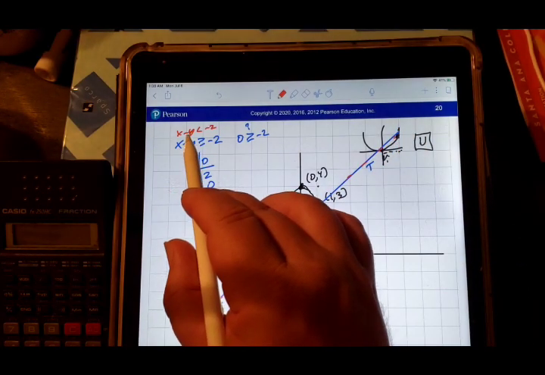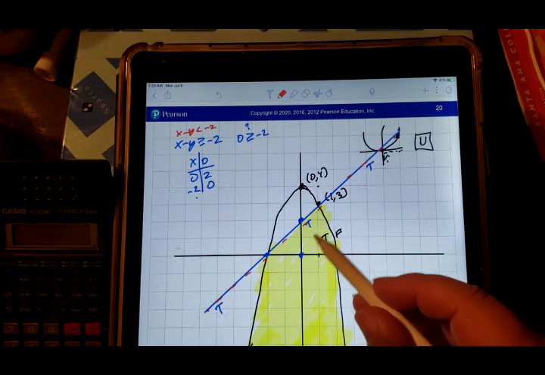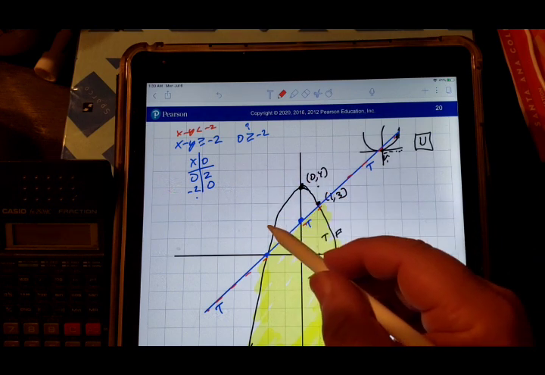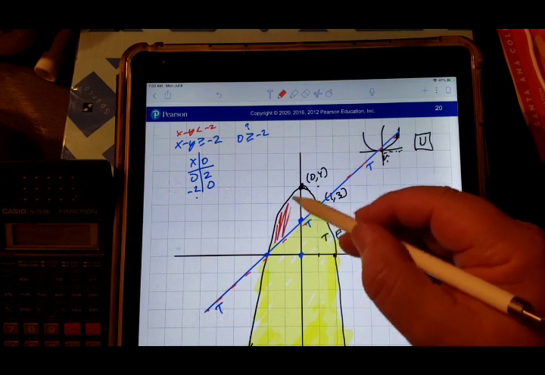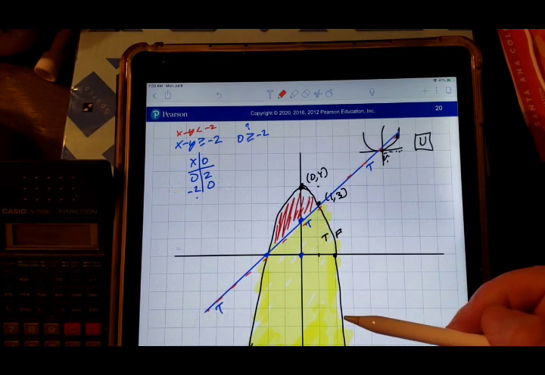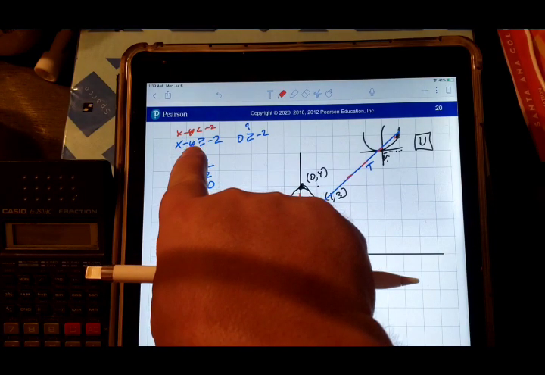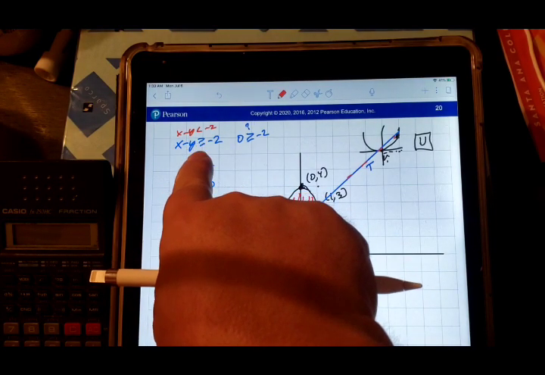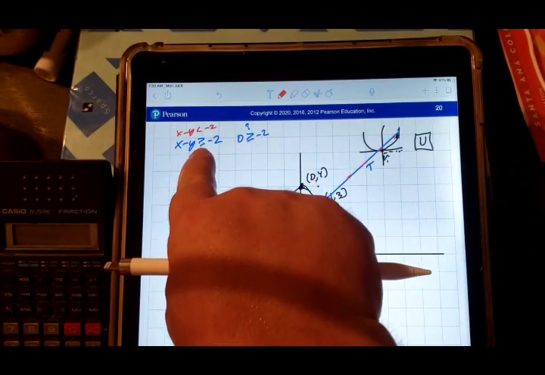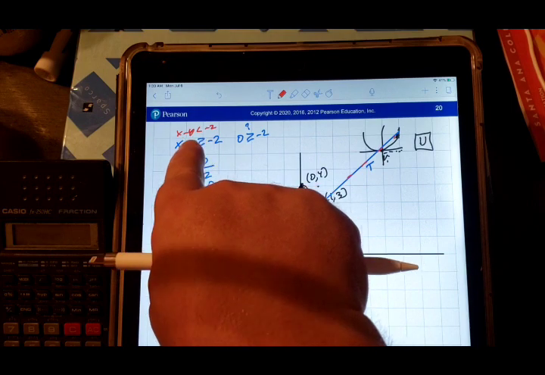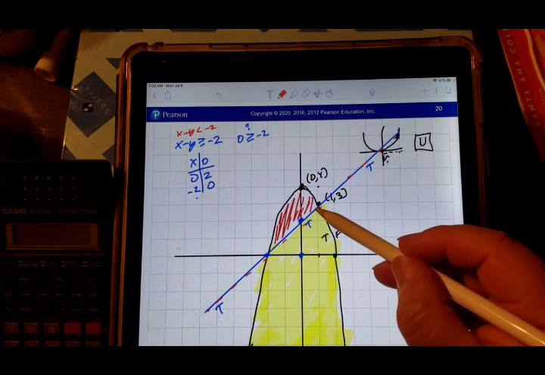And when I tested 0, 0, I'd have 0 is less than -2, which is false. So the other side would be the true side. So I'd have dashed lines, and I'd have this little area in here shaded with that one change. So it's a change, or maybe it's two changes. I changed the direction of the symbol, and I changed from greater than or equal to strictly less than. So with those changes, I'd get this result here.